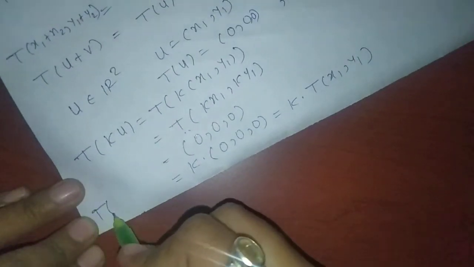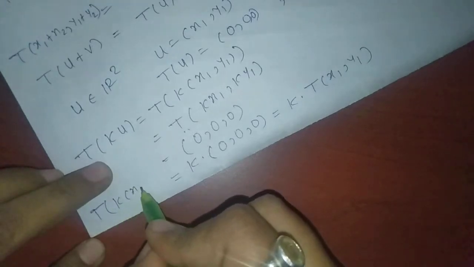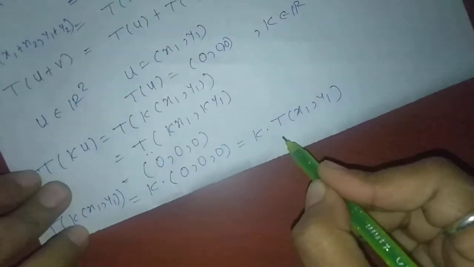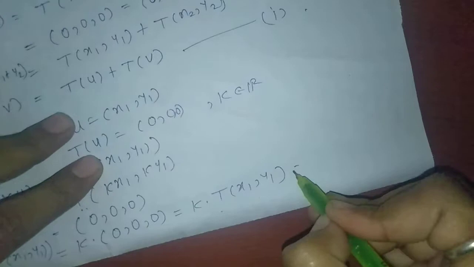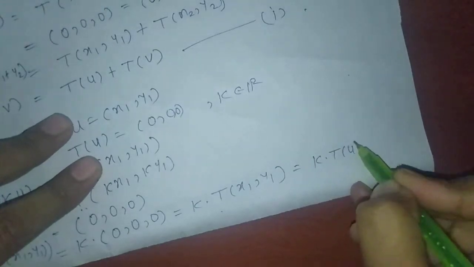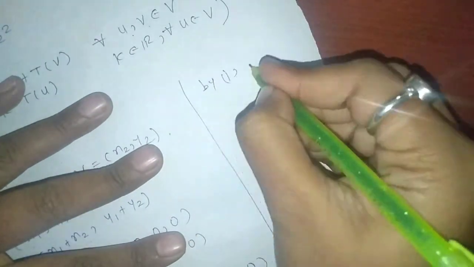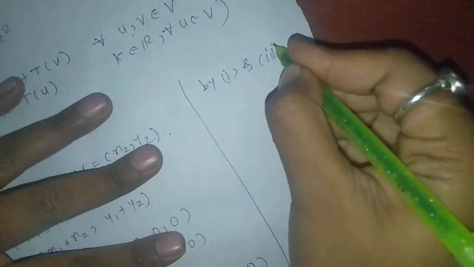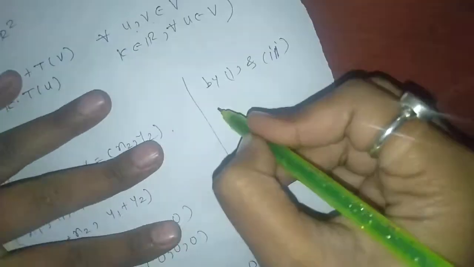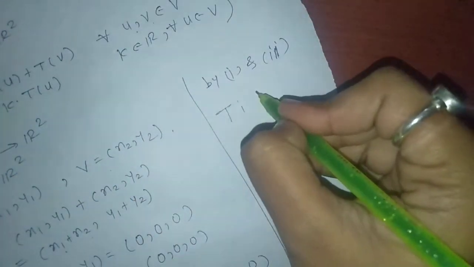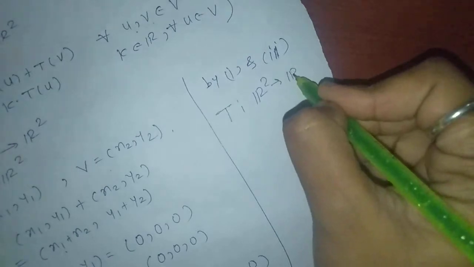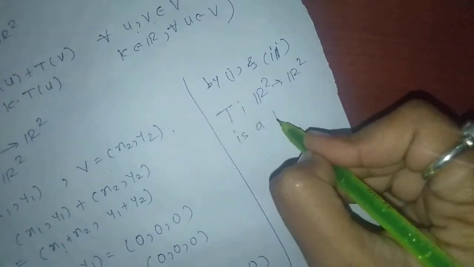So here we get T of k into x1 y1 equal to k into T of x1 y1, which is equal to k into T of u. So by the first and second properties, T mapping R2 to R2 is a linear transformation.